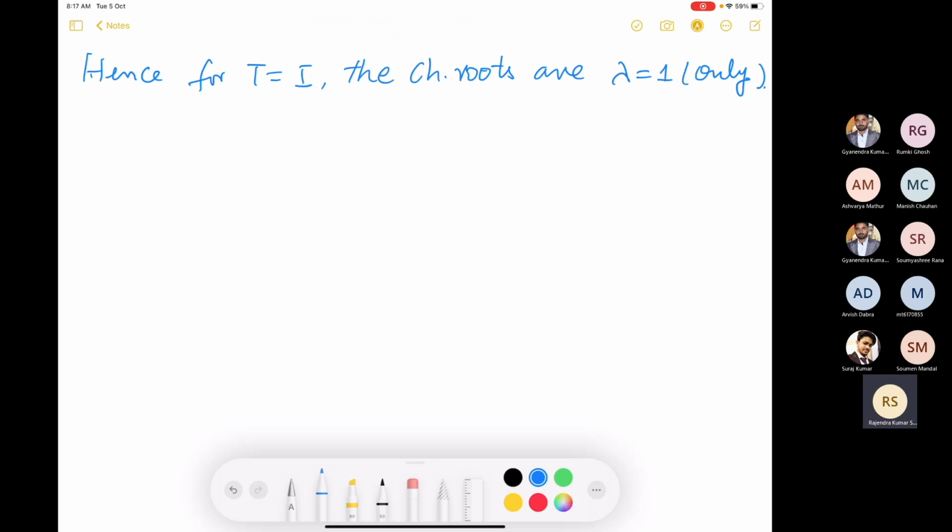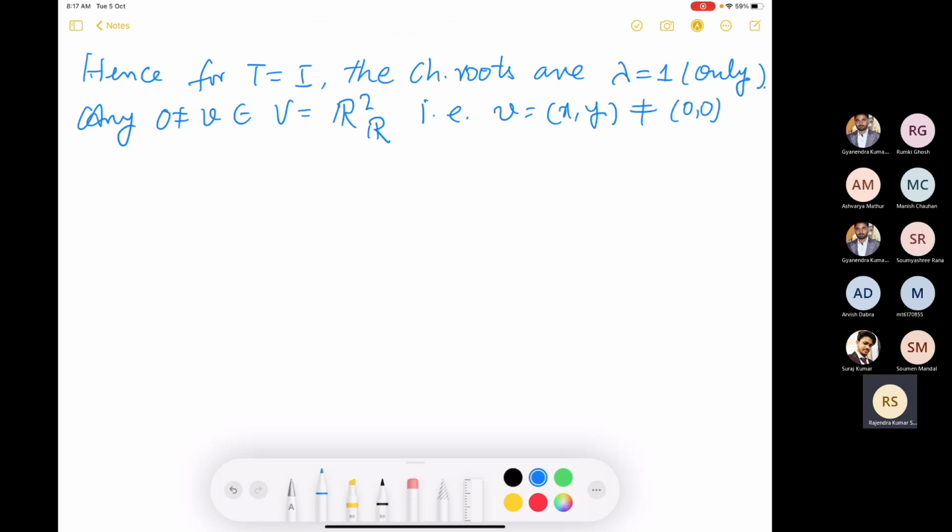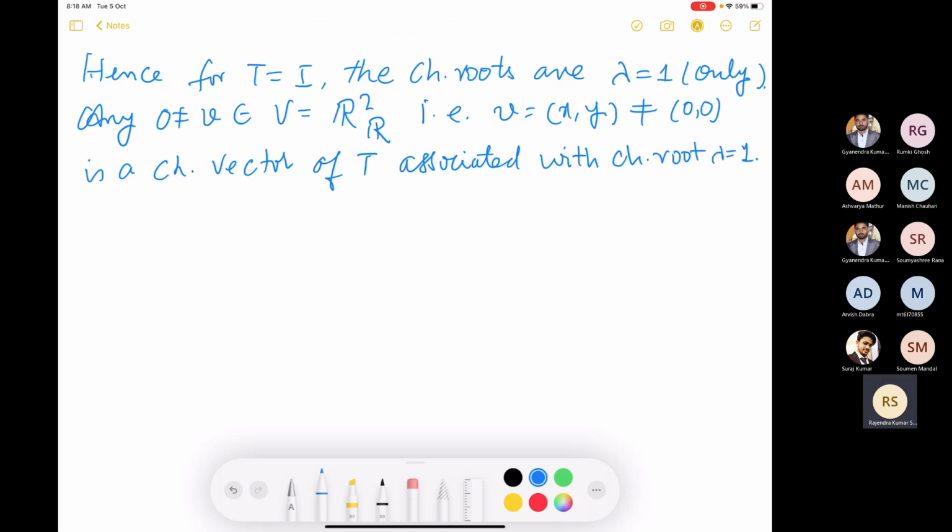Only one characteristic root. And any non-zero vector V in R2 over R, that is V is equal to say (x, y), not (0, 0), that means both of them are not 0 at the same time, is a characteristic vector of T associated with the characteristic root lambda is equal to 1.